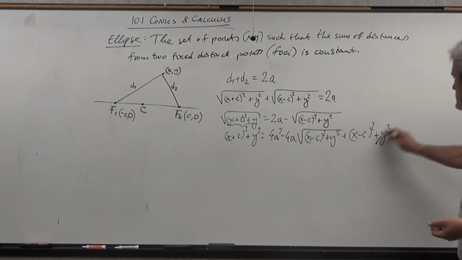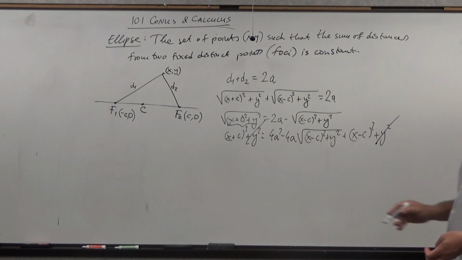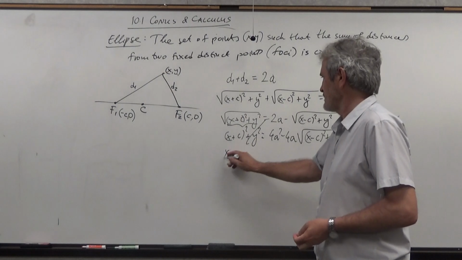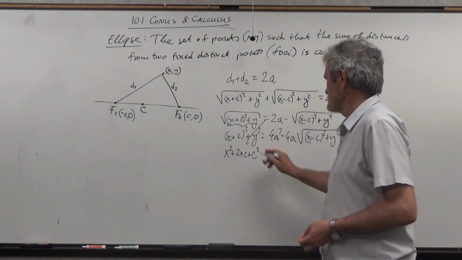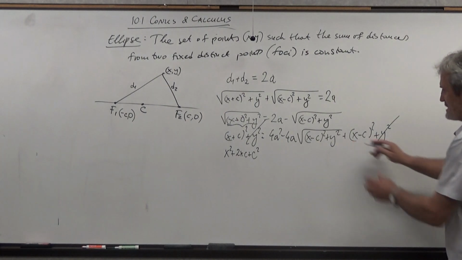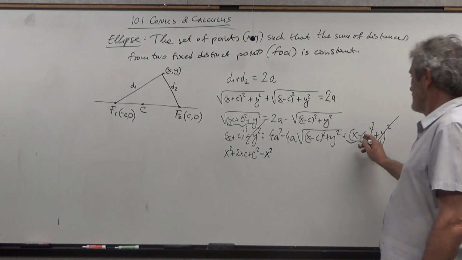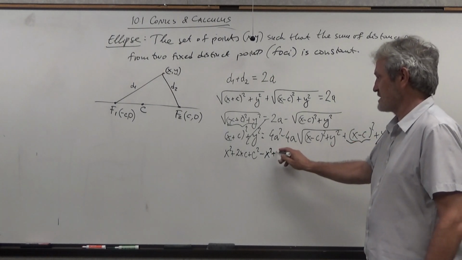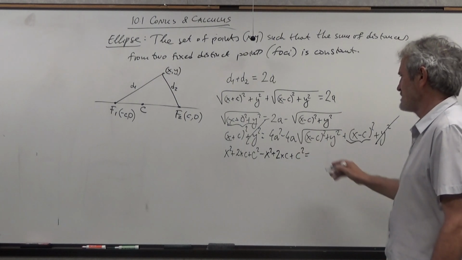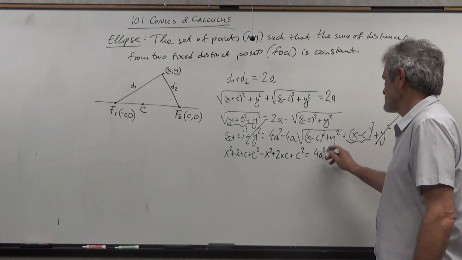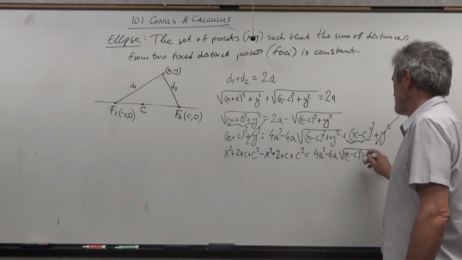And then what happens? y squared cancels y squared. And when I square (x plus c), I get x squared plus 2xc plus c squared. I'll bring this guy to the left, so it will be minus x squared. It will be minus 2xc when I bring it to the other side. It's just trivial algebra. Plus c squared is 4a squared minus 4a times the square root.